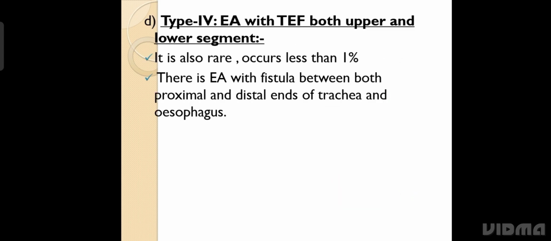Now we will see type 4, that is esophageal atresia with TEF of both upper and lower segments. It is also rare, and occurs in less than 1% of cases.